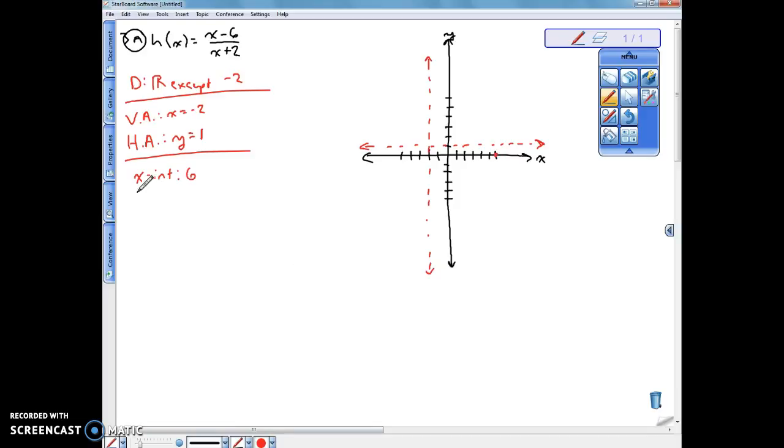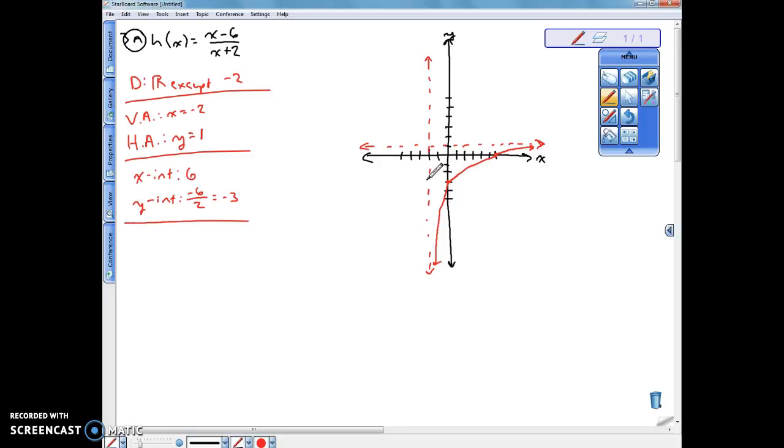And my y-intercept is going to be plugging in 0 for x, or -6 over 2, which is -3. And puts that right here. Okay. I don't really need to plug in any more points over here to see what's going on. I can tell that this is going to kind of be something like this. And I actually know, based on the nature of these graphs, that I'm going to mirror it either up here or down here.